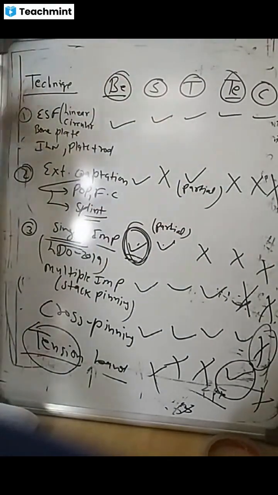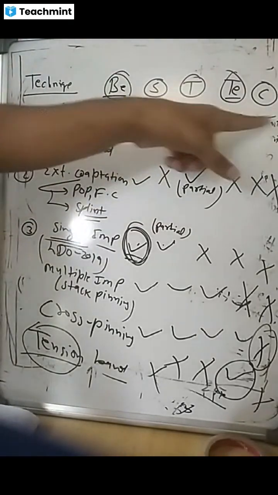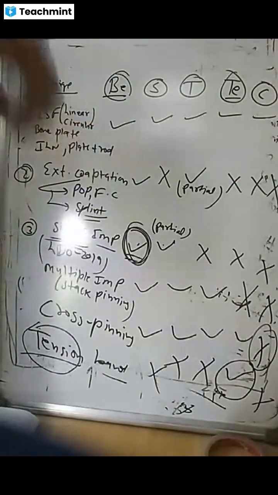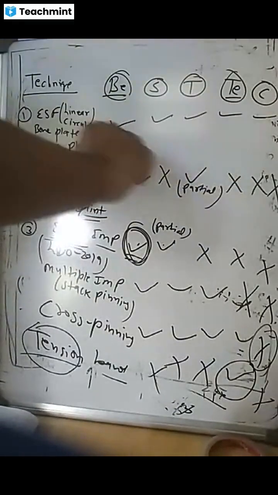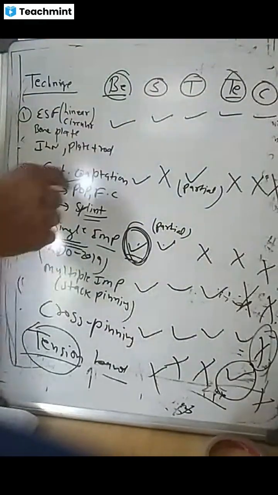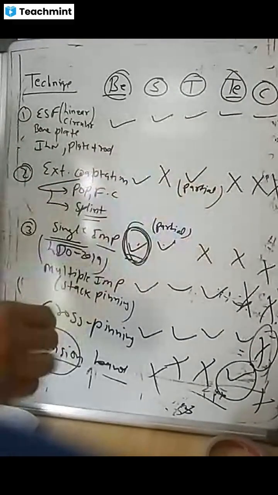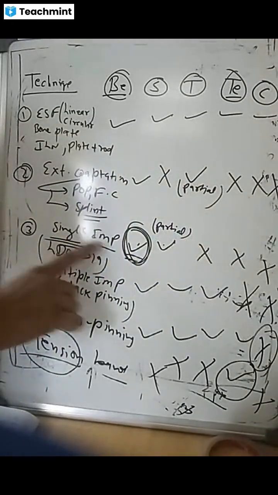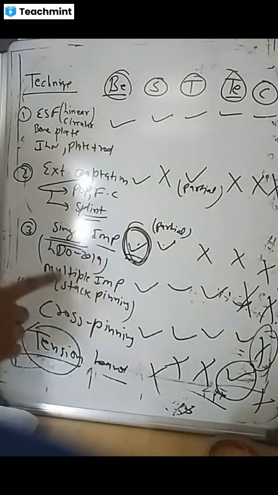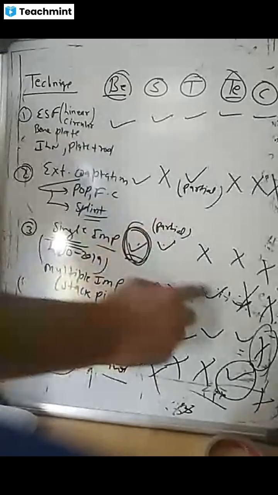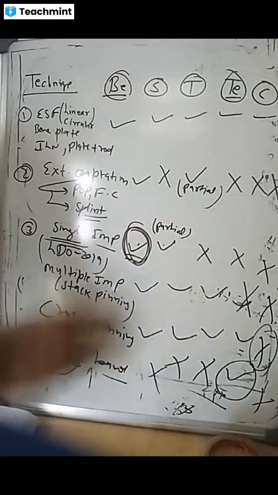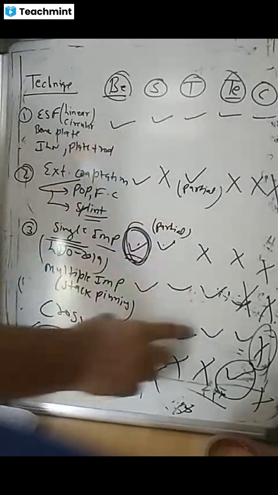The best technique will neutralize all these forces. Single pin neutralizes bending force and partially torsion force. Pinning: single pin, 2; multiple pin, 3; cross pinning, 4; tension band principle, only tension.